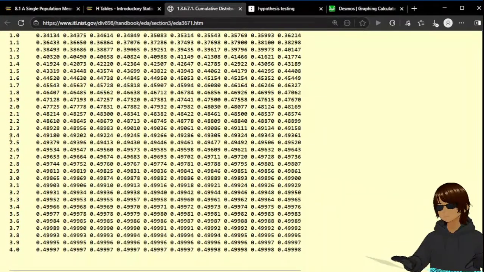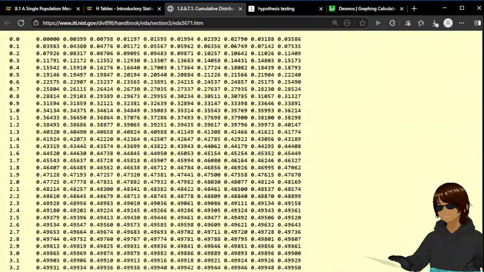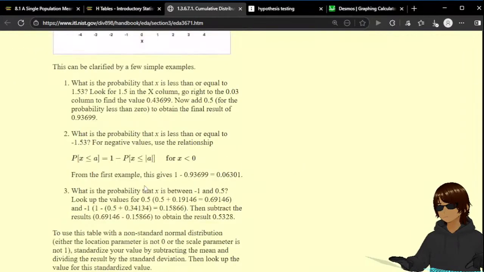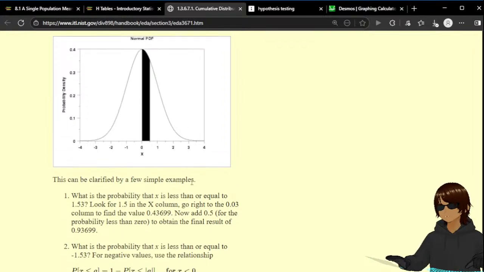So 1.5. So this is what they're talking about. Okay, this area is 0.5, right? That's why we're adding 0.5.